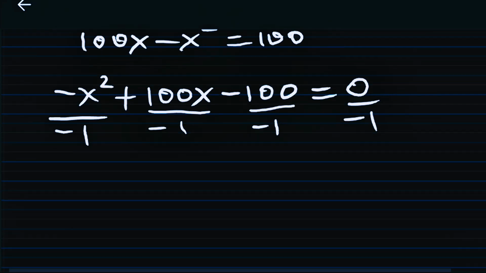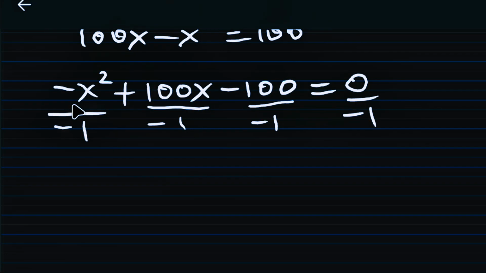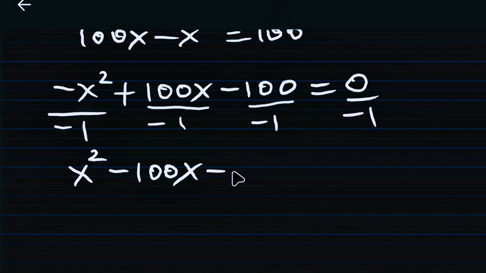Negative x squared divided by negative 1 will give us positive x squared. Positive 100x divided by negative 1 will give us negative 100x. And negative 100 divided by negative 1 will give us positive 100. And 0 divided by negative 1 will give us 0 again.